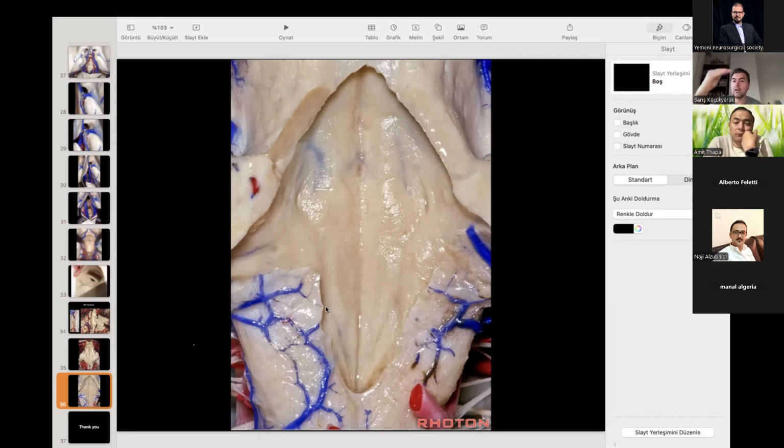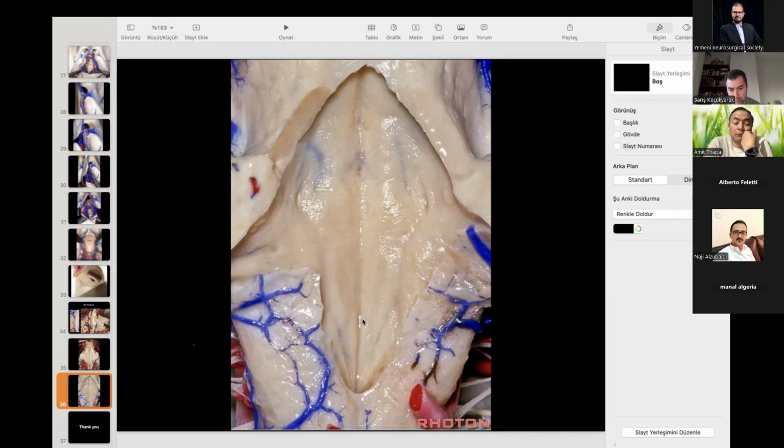At the inferior half of the floor of the ventricle, there's first the vagal trigone here. They are not easily separable, but they are very close to each other. There is the vagal trigone, and also the area postrema, which is this gray structure here.